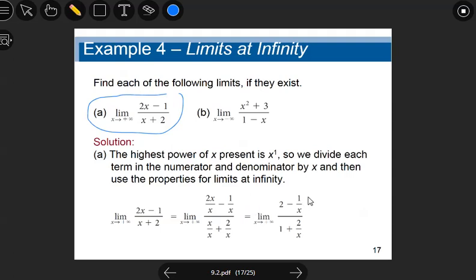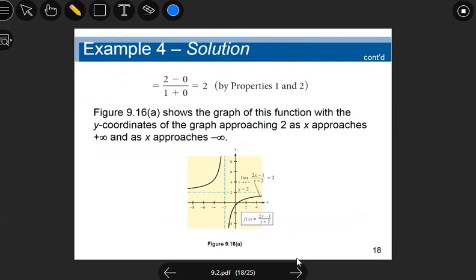So this is our final solution. Then take the limit. Here 2 is a constant independent of x, so it is 2, and 1 is independent of x, it is 1. This goes to 0 because it is 1 over x, and this goes to 0 as x goes to infinity. So finally our result becomes 2.